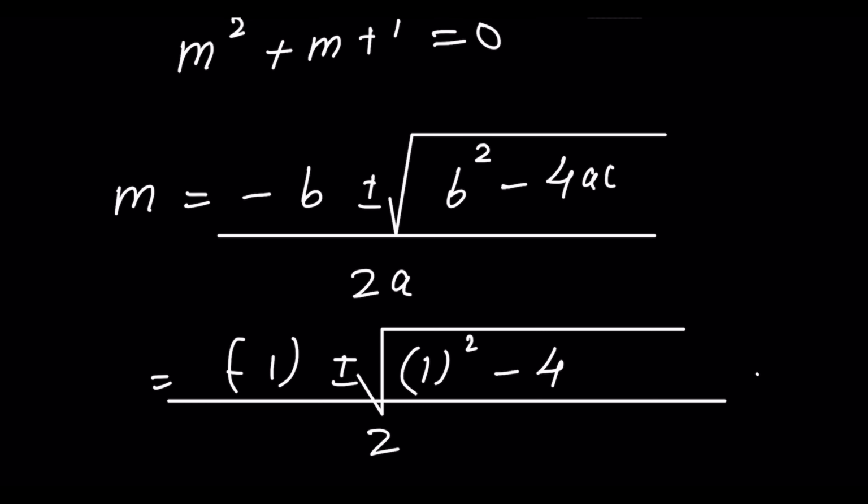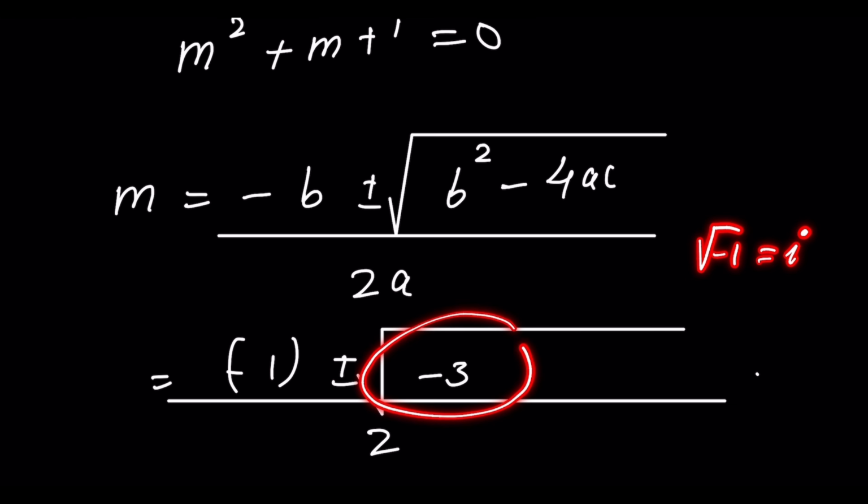So let's write it here. And because it is a negative number here, we know that the square root of -1 is equal to iota. So we're going to rewrite this as root 3 iota.